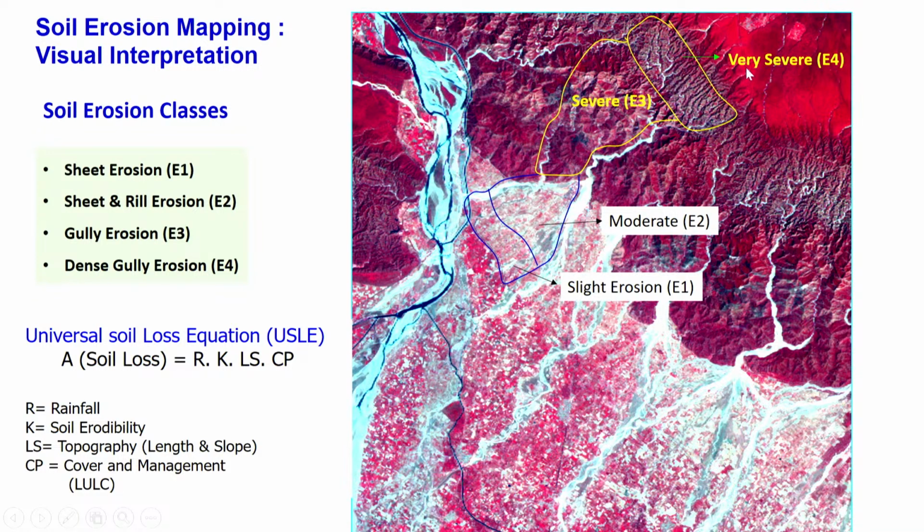This is very severe erosion, this is severe erosion, with less gully here as compared to this area. So remote sensing data you can interpret directly to map the various erosion classes, which we need for preparing a land use plan.